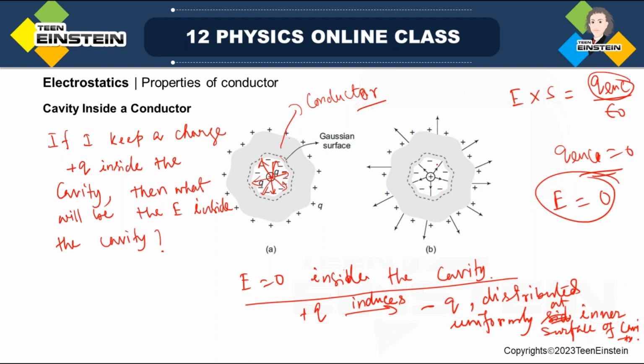These field lines will be confined inside the cavity, as there are negative charges here. Field lines start from positive charge and end at negative charges. The electric field you get outside is due to the surface charges. These are actually due to the charges on the outside surface. In fact, inside the cavity, the net charge will also be 0.